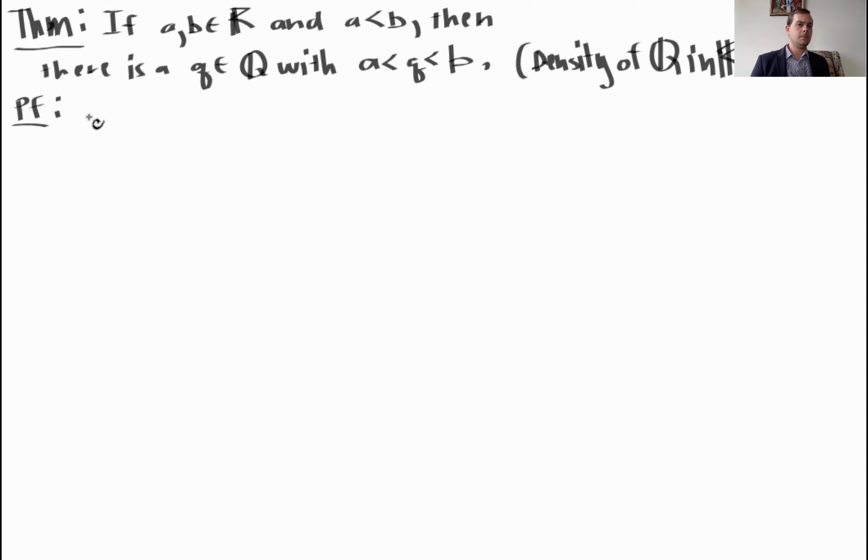So first, since a is less than b, the additive property implies that 0 is less than b minus a.